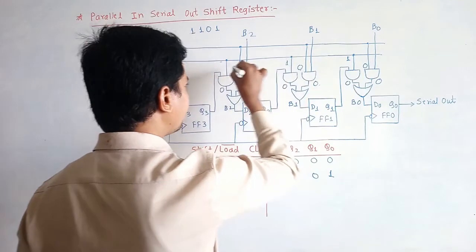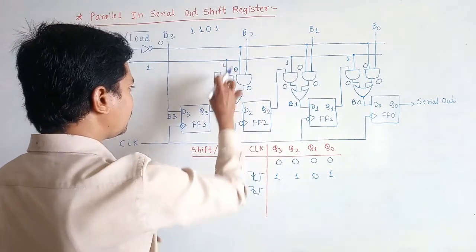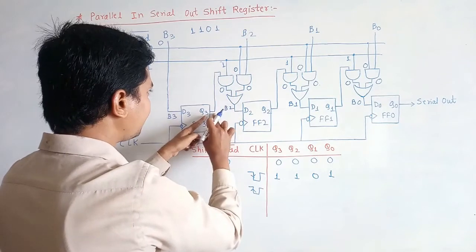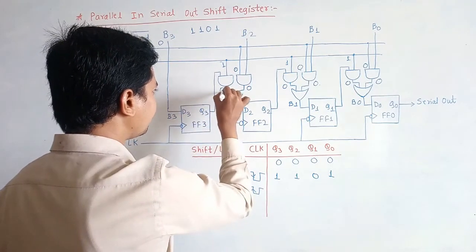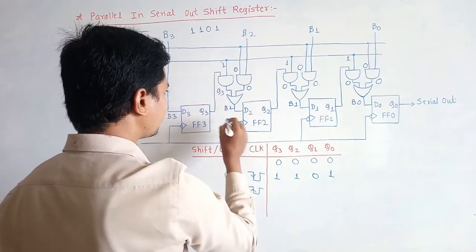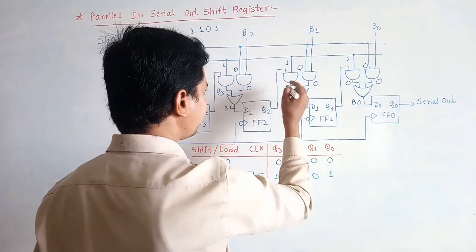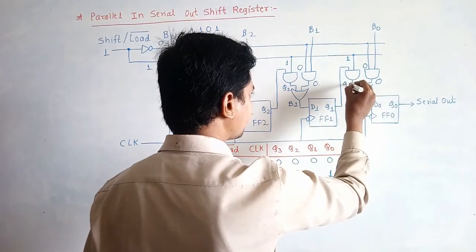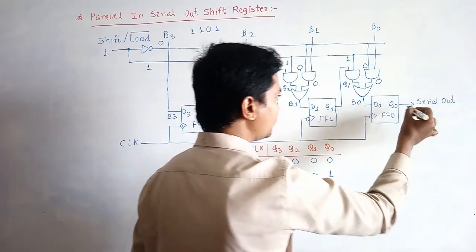So 1 AND Q3 gives output Q3. Here will be Q3, here will be Q2, here will be Q1 and here will be Q0.